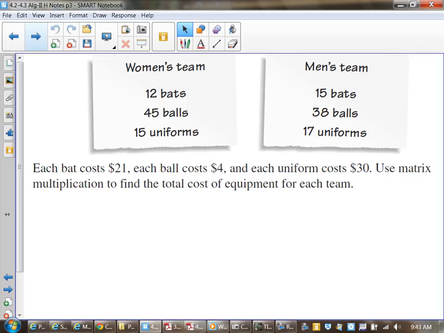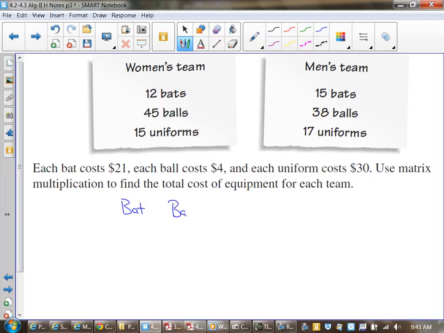What happens is that you're going to figure out a matrix for your inventory and a matrix for your cost. Okay? Now, if I'm looking at this, there are 3 things within my inventory. We have bats, the balls, and the uniforms.